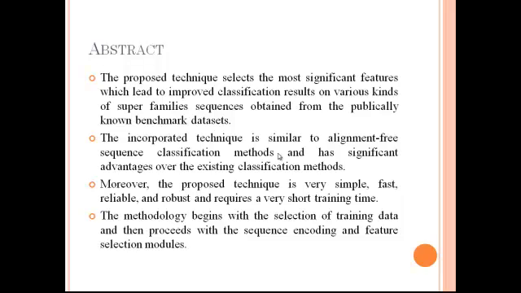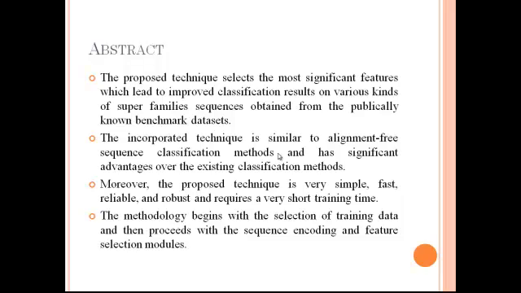We have 20 standard amino acids in the protein sequence, and the amino acids can be constructed and investigated for feature lengths and N-gram descriptors of lengths less than or equal to 3. The proposed technique is very simple, fast, reliable and robust, and requires a very short training time. This methodology begins with the selection of training data and then proceeds with sequence encoding and feature selection models.